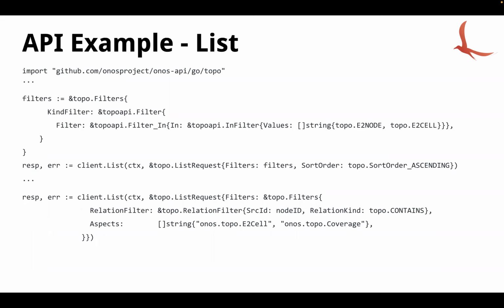Another example is a list using a relation filter. Let's say we want a relation filter from a specific node ID that traverses to targets using the contains relationship. In this case, it would be the node, so we are going to get the cells. Here we could also filter by the target kind, but we're not doing that.